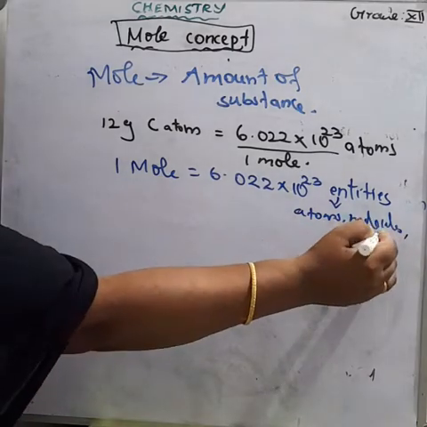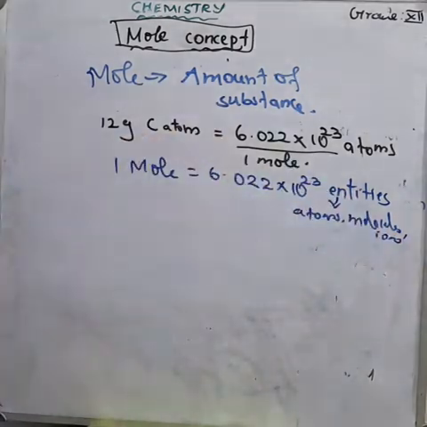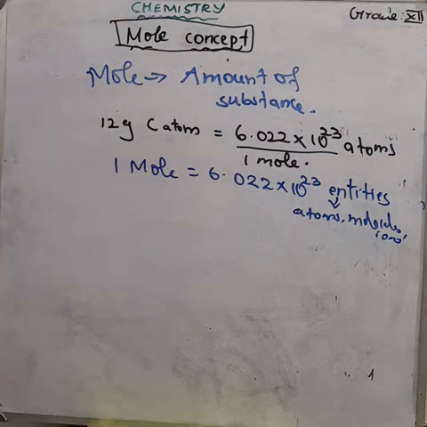That is the entities. So 1 mole means 6.023 × 10^23 entities. Understood?